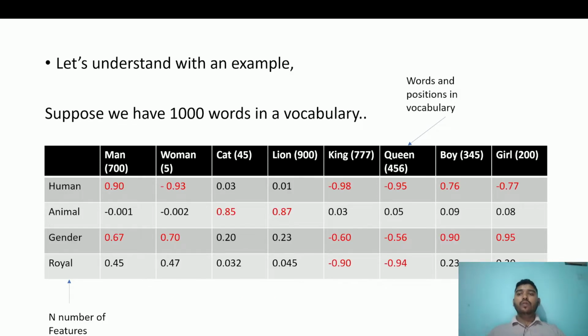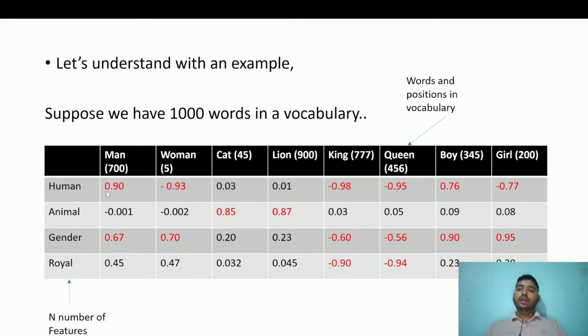So here is how word embedding is calculated, or converting this sparse matrix into the dense matrix. Here you can see the word man, for example, and our feature is human. So obviously the word man is highly correlated with the word human, right?